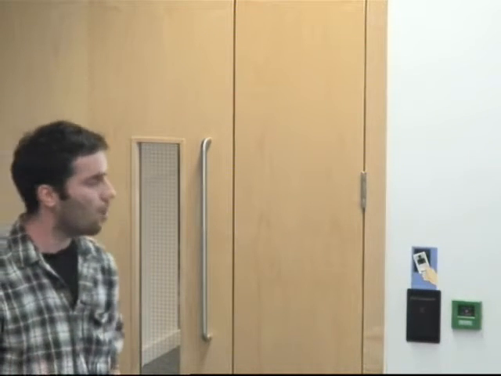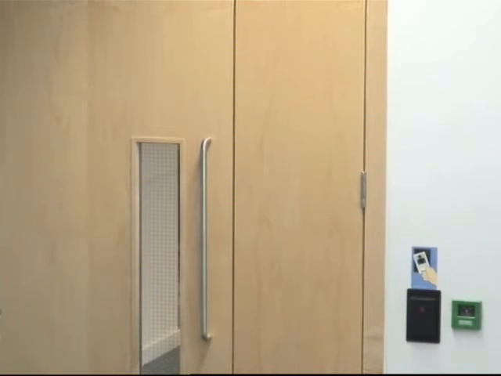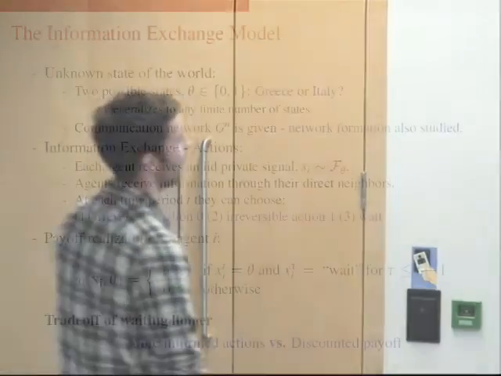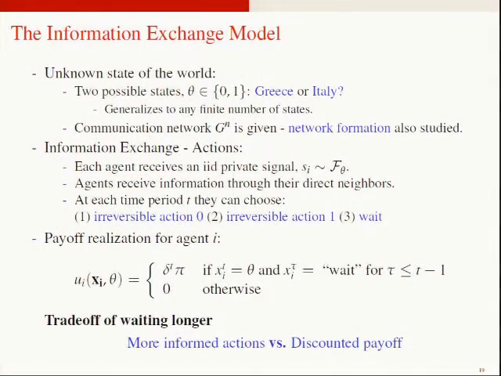Okay? Agents receive information through their neighbors, and at each time period they can choose to take an action, which is guessing what the state is, or choose to wait to obtain more information from their network. And here are the payoffs.